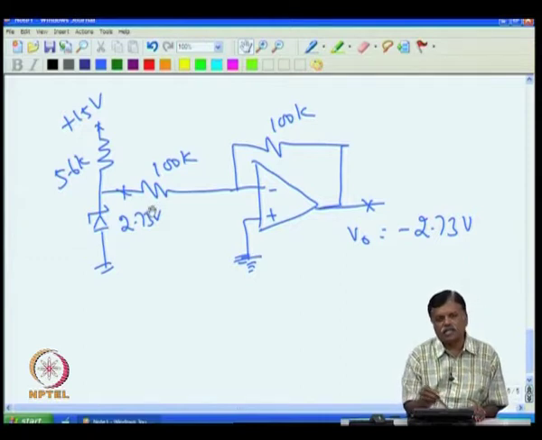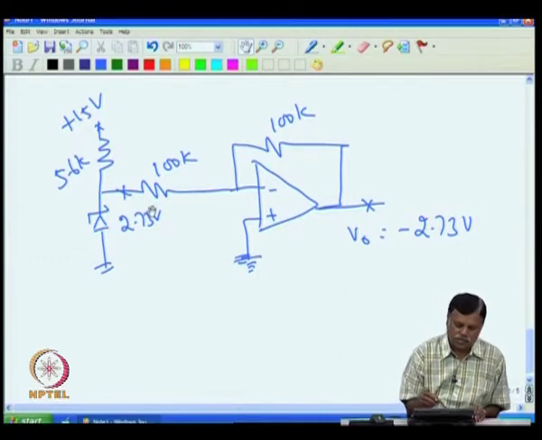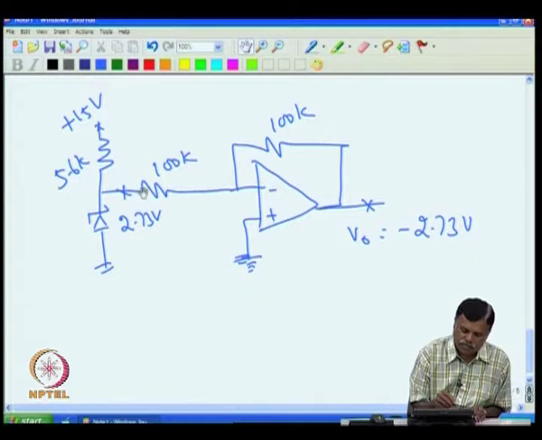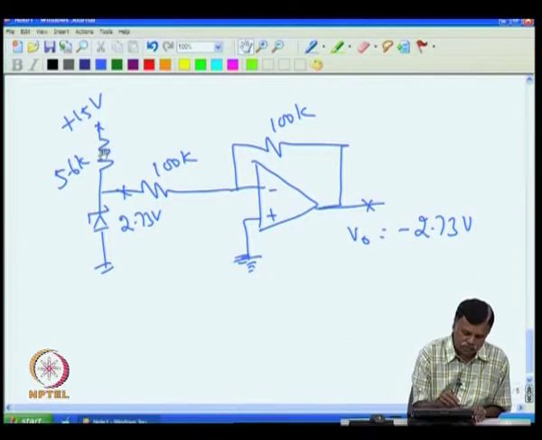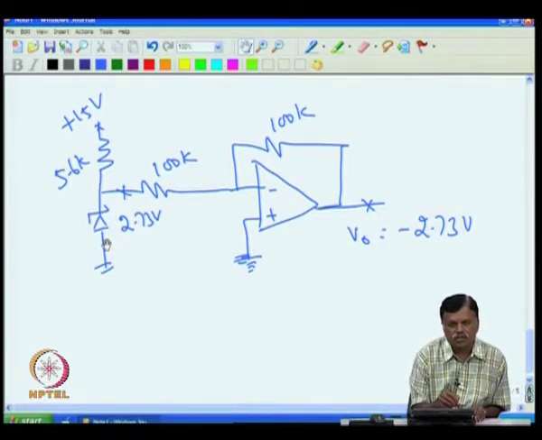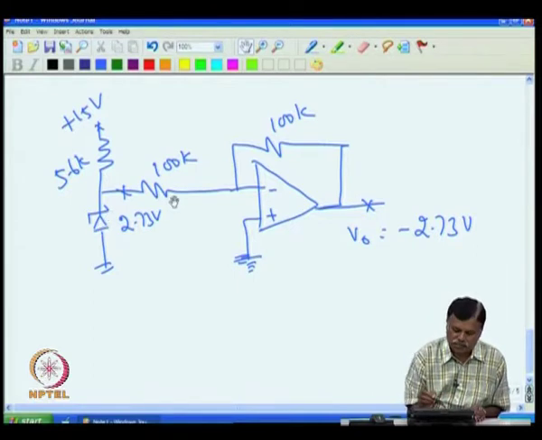So, if I take 2.73 divided by 100K, it comes to roughly 27 microampere, and having 2 milliampere coming here, 27 microampere going is no issue at all. Still it has enough current to say that current is 1 milliampere. So, 100K is perfectly all right here.